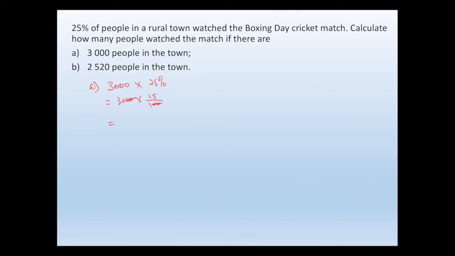All right, cross that off. So 3 times 25 is 75 and 0. So there were 750 people watching the match.